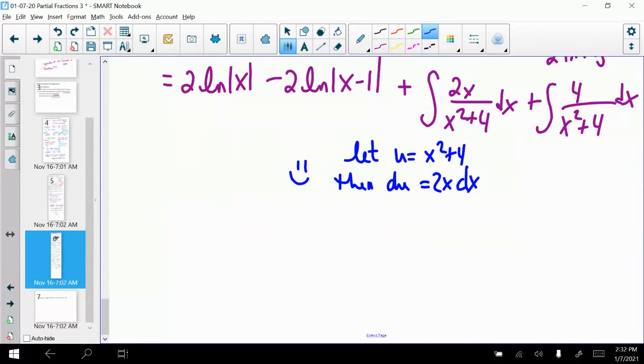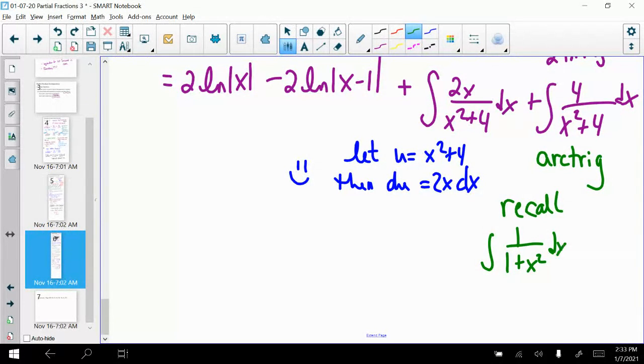On this one, we should recognize that this is an arc trig, right? As a matter of fact, we should remember that the integral of 1 over 1 plus x squared dx is arc tangent of x plus c. So we need to do some factoring there.